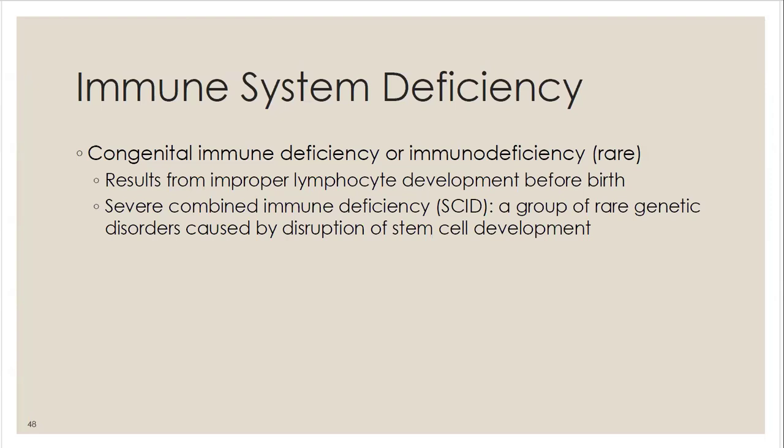Severe combined immune deficiency, or SCID, represents a group of rare genetic disorders that disrupt stem cell development and result in a severely weakened immune system. Individuals with SCID are highly susceptible to infections and require specialized treatments such as stem cell transplants or gene therapy.